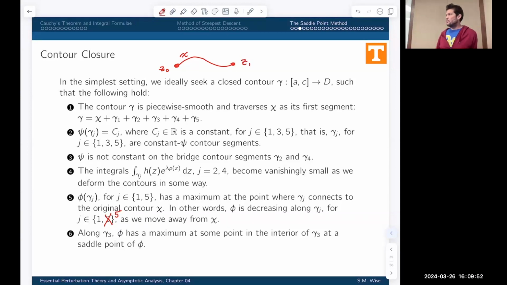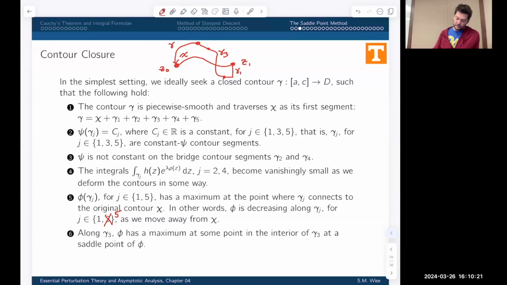And we want to make a new contour which connects the same 2 points, but has some nicer properties in some sense. And so that might mean that we create a contour gamma 1 and a gamma 2, a gamma 3, a gamma 4, and then a gamma 5.